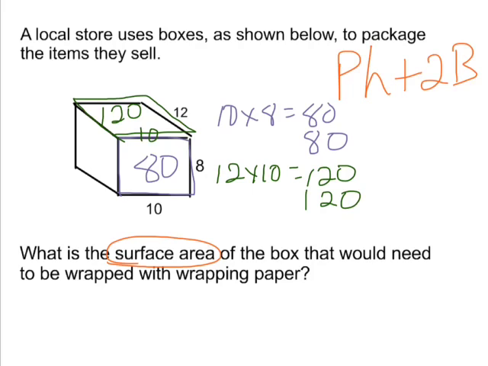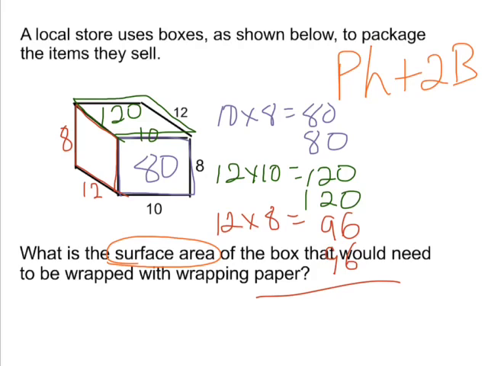And then finally, we have this face, which is going to be 12 by 8. And when we multiply 12 times 8, we get 96. And there are two of those.